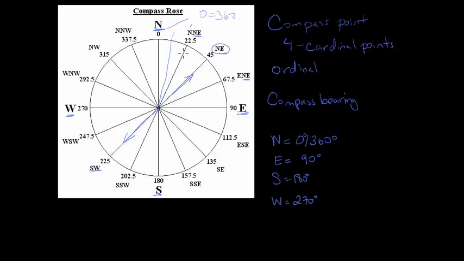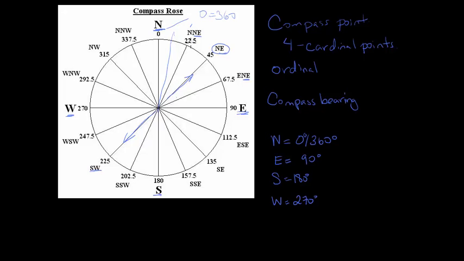Now, this same trick does not work when we are doing the other ordinal points, because every time we're going around the circle. Unlike the compass points where we can go into opposites, now we're working with 360 degrees, and we're only going to go around the circle going up by the numbers. So going up to 360.